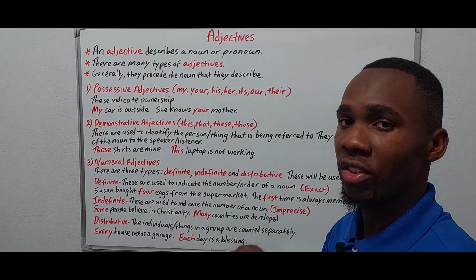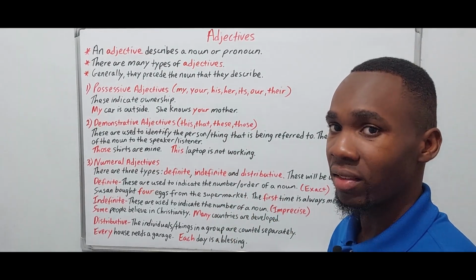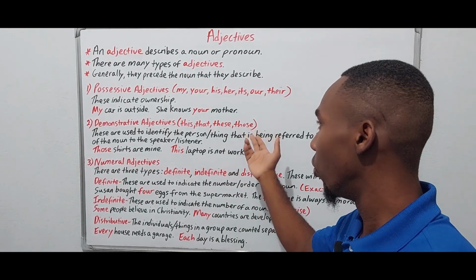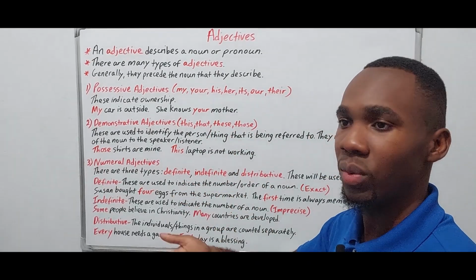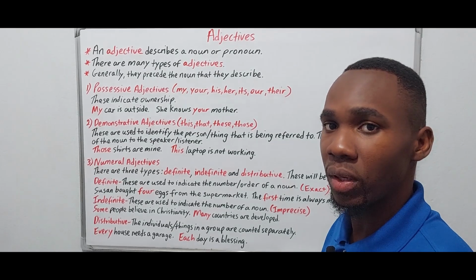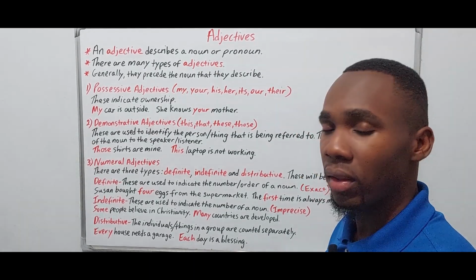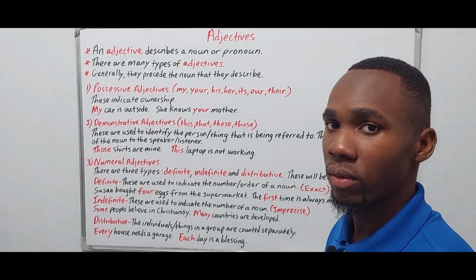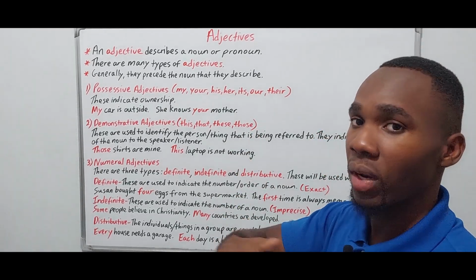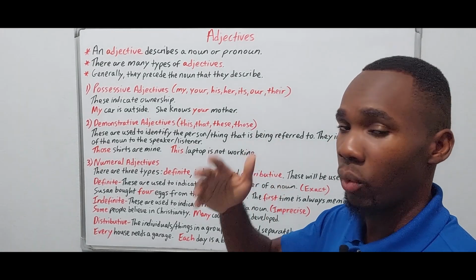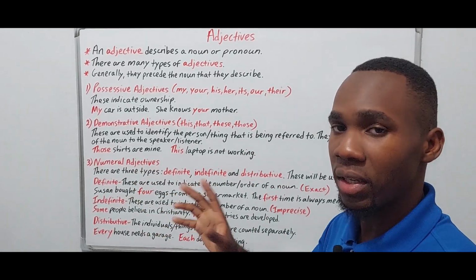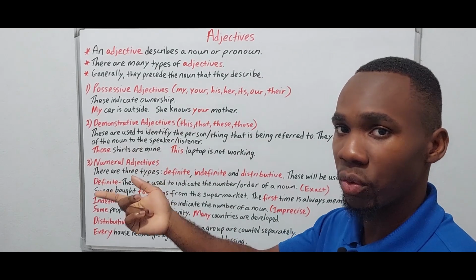Now, these would just be the plural form of this, right? And those would be the plural form of that. Same thing. These would indicate that whatever it is that we are talking about, they are closer to us. And those would indicate that whatever items are being referred to, they're further away.